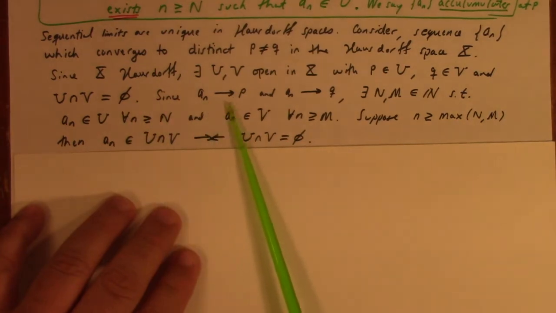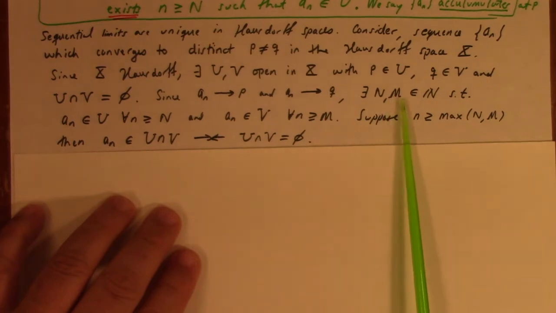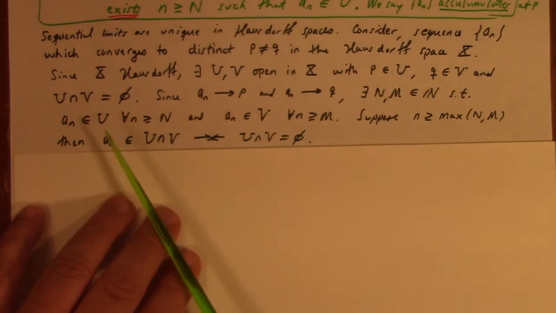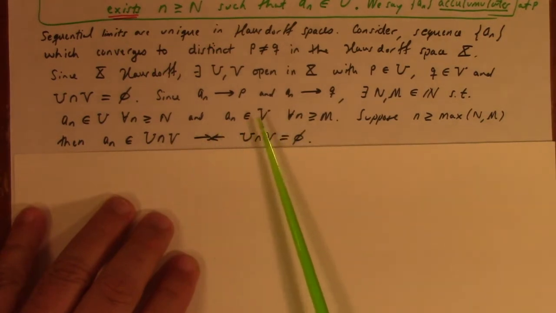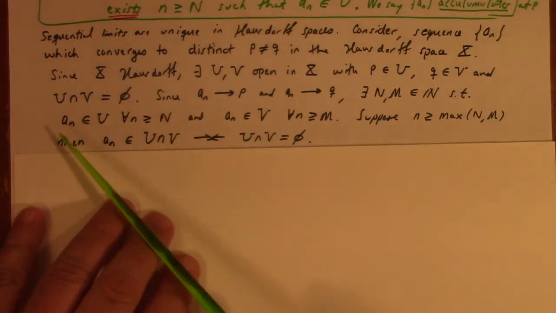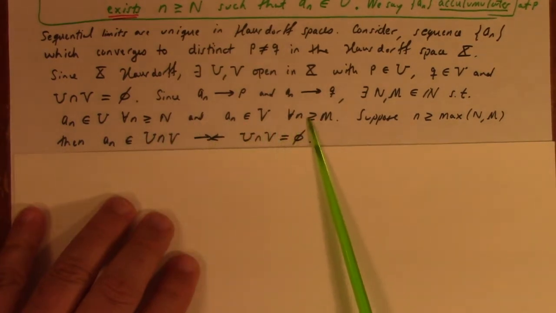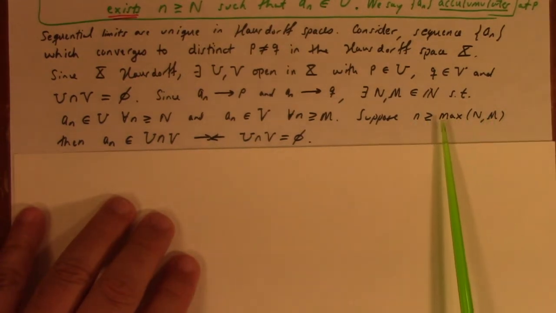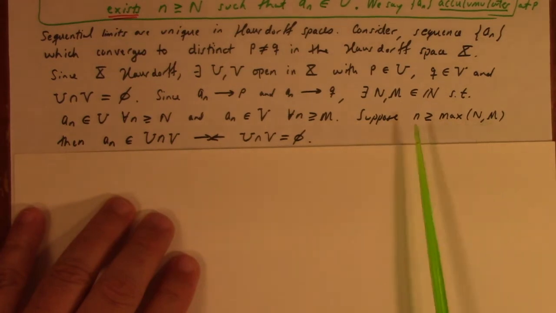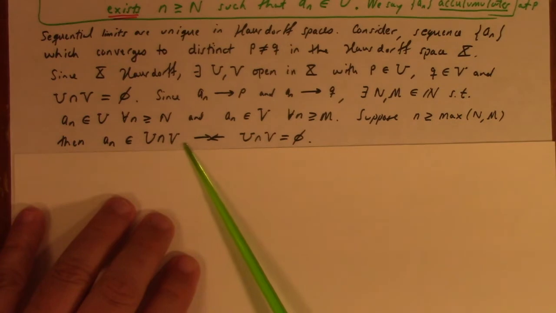And since a_n converges to P and a_n also converges to Q, that means that there exist integers sufficiently large such that the sequence fits into U and V respectively, right? a_n is in U for all n larger than N, and a_n is in V for all n larger than M. So if I take the max of those and I look at n beyond that, then for those positive integers, a sub n is in both U and V, and therefore it's in the intersection.